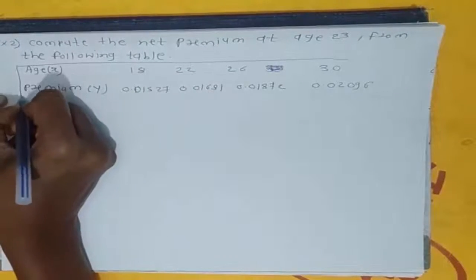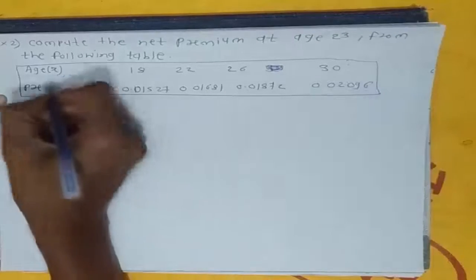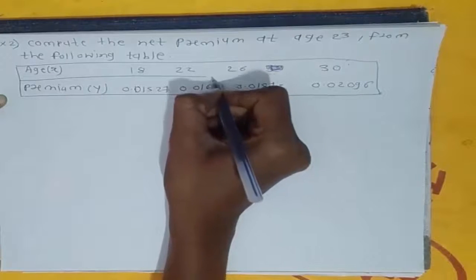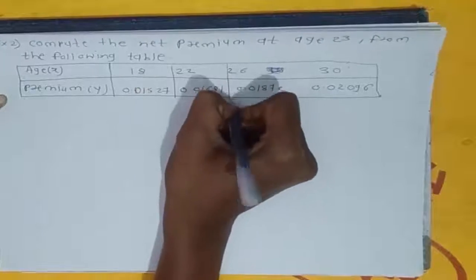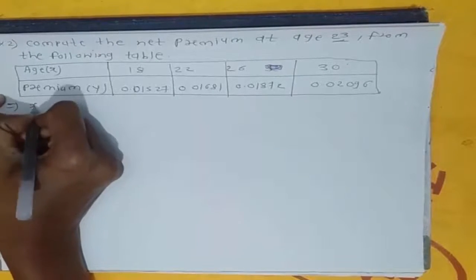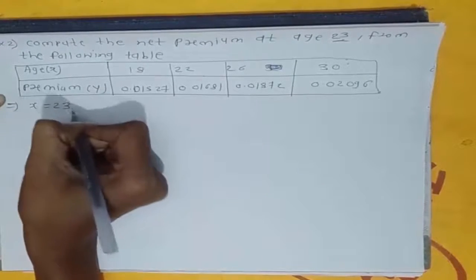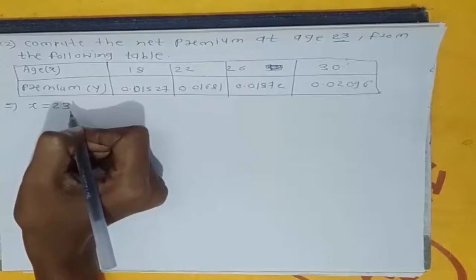Then from this data we have to find the net premium at age 23. We have to find the premium at age 23, that is x is equal to 23. That is, we have to interpolate by using Newton's forward difference interpolation formula.